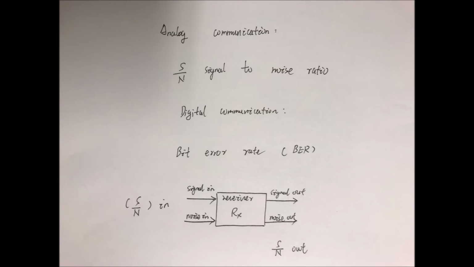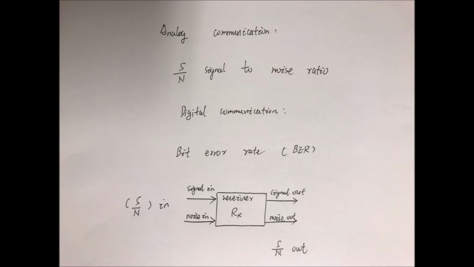Because the wireless channel is really challenging: noise, interference, jammers. From everywhere you have different things interrupting your channel.